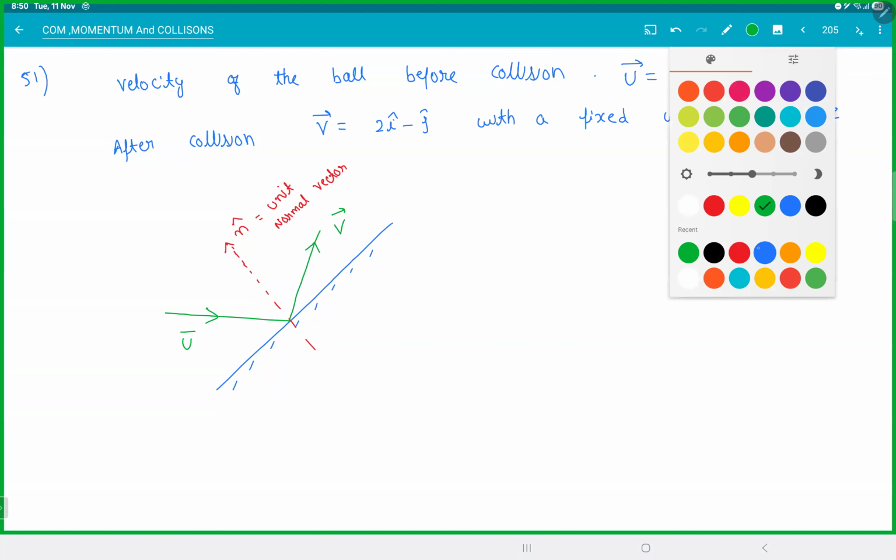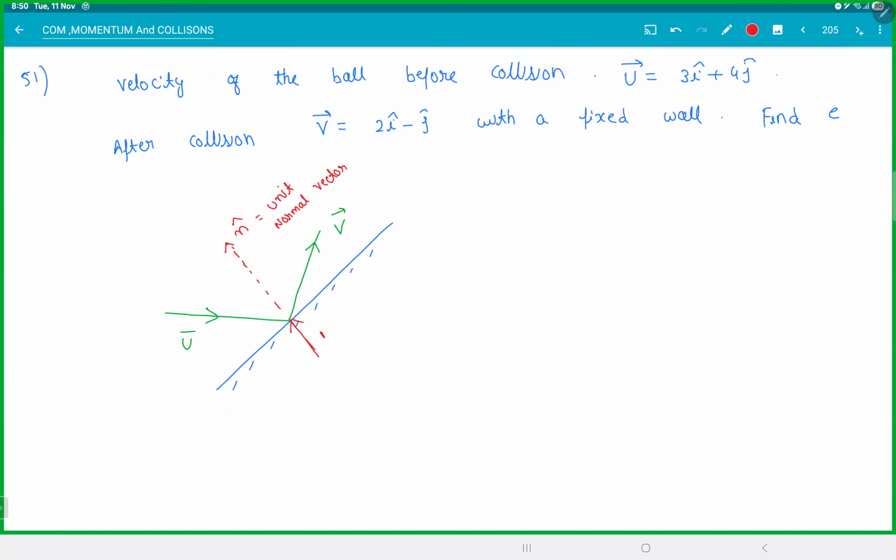Now, we know that during the collision, the force will be along the normal. Since force is along the normal, acceleration is also along the normal. Since force is along the normal, the change in momentum, delta p bar, is also along the normal, because F is dp by dt. Right? So delta p is nothing but mass into delta v. So delta v bar is also along the normal.